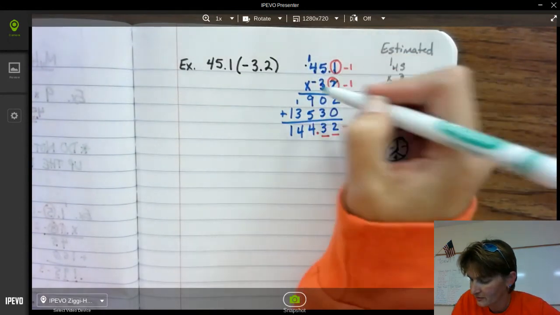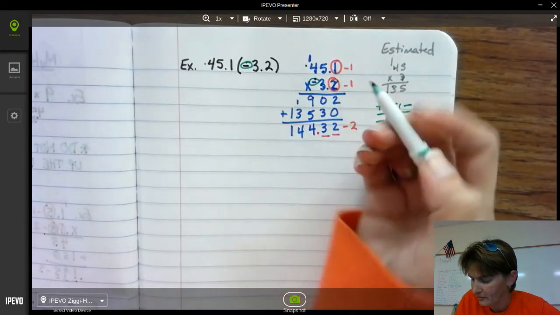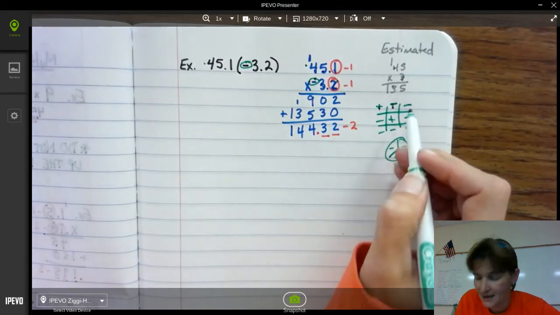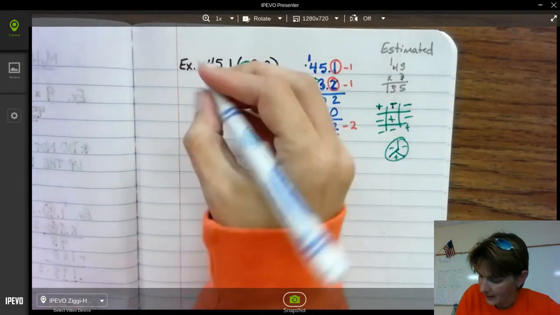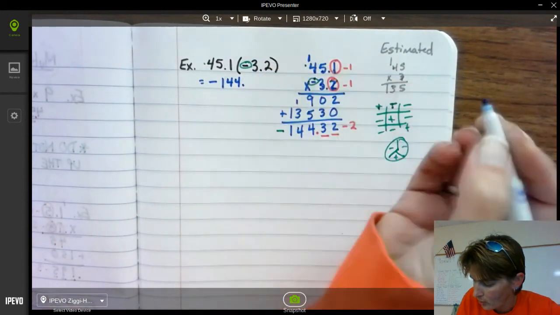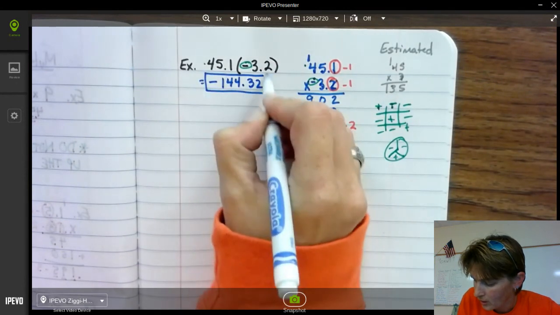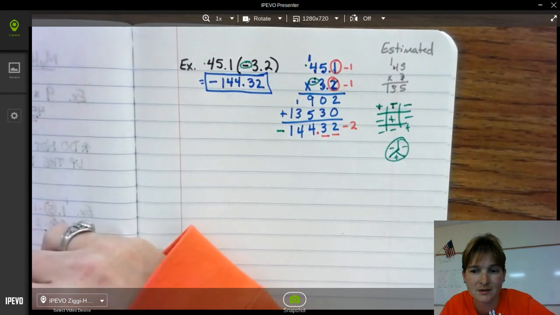We have a positive times a negative gives us a negative. So our answer for this problem is a negative 144.32, or 144 and 32 hundredths negative.